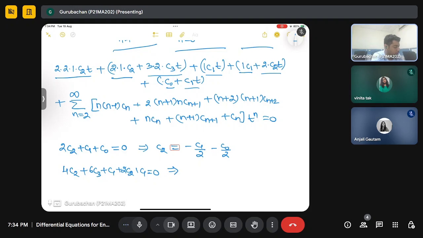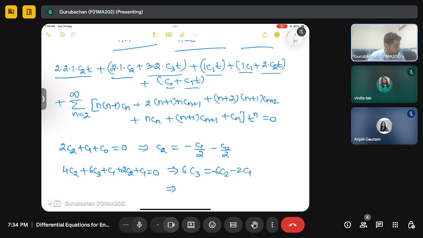From here you will get C3 in terms of C1 and C2. So 6 times C3 will be minus 4 C2, minus 2 C1.